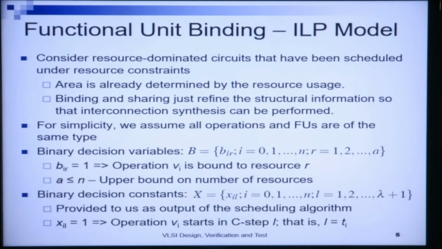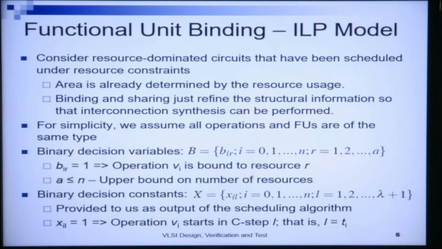Let us say A is a bound on the number of resources, and I are the operations in my operation constraints graph. Now, BIR equals 1 implies that operation Vi in my operation constraint graph is bound to resource instance R. Now, A less than n is an upper bound on the number of resources.